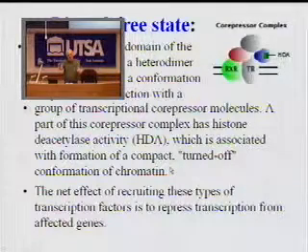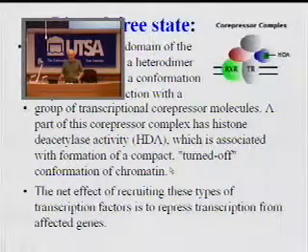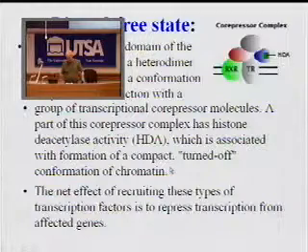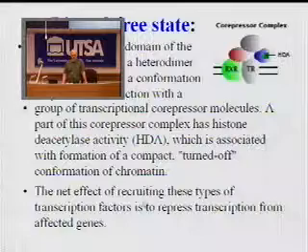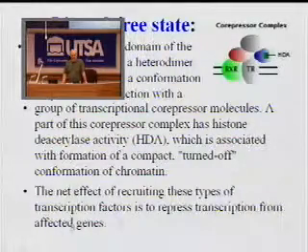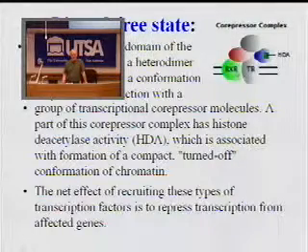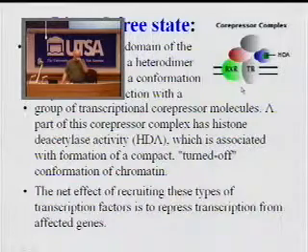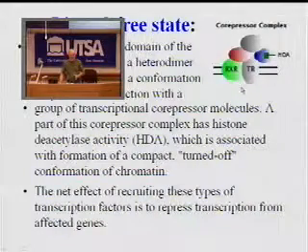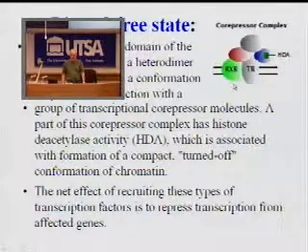So again, a lot of it has to do with the tightening or loosening of all of the coiling, all the way up to the supercoiling, or whatever the terms are, for the DNA. So the net effect of recruiting these types of transcription factors is to repress transcription from affected target genes. So in the unligated form, it is repressing the target genes. It may not be turning them off completely. It may just be subduing or sustaining a baseline level of expression.